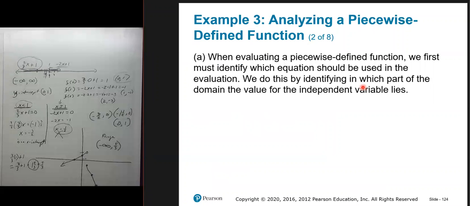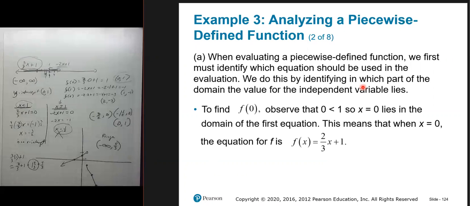All right. And so now they're going to go through and talk about this stuff. First, we must identify which equation will be used in the evaluation. And so depending upon where x is tells us which one to use.